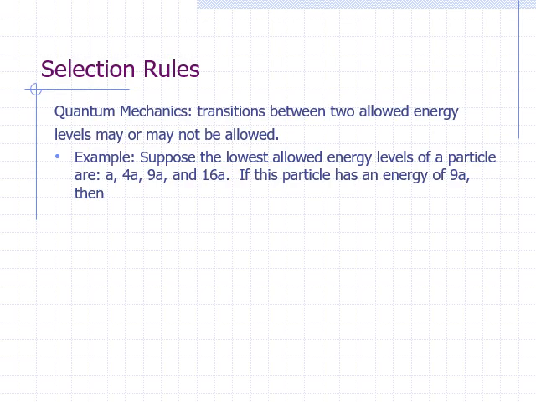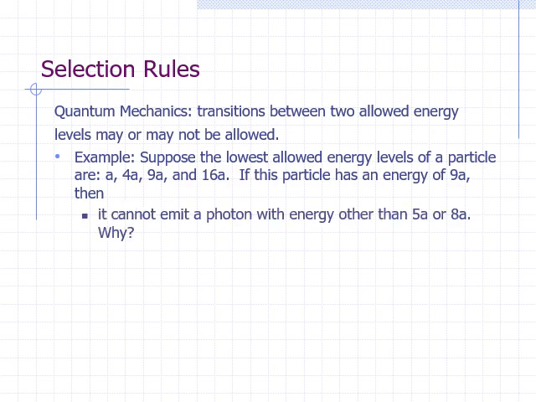Suppose the four lowest allowed energy levels of a particle are A, 4A, 9A, and 16A. If this particle happens to have an energy of 9A, then it cannot emit a photon with energy other than 8A or 5A. Why?